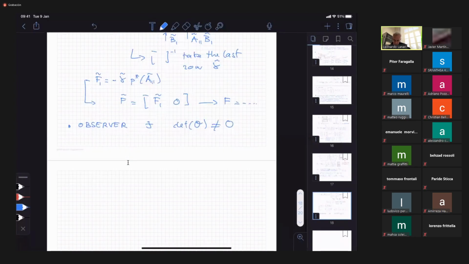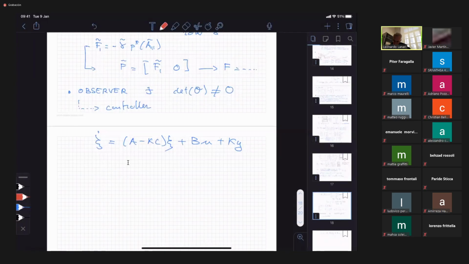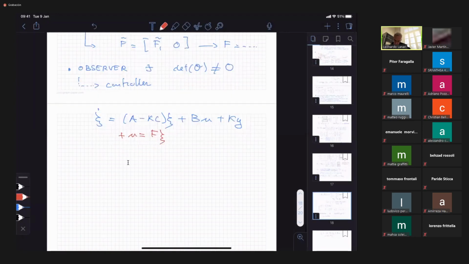And then we can compute the controller as xi dot equal A minus KC plus BU plus KY, but BU is FC, and so we would have the controller.